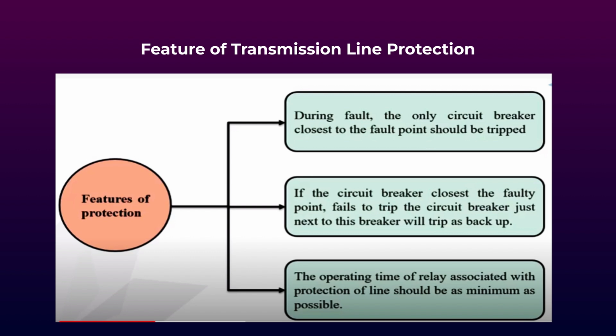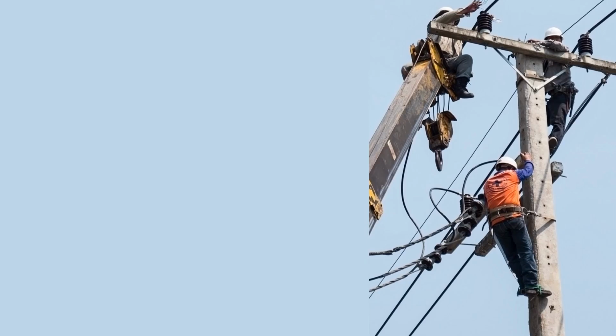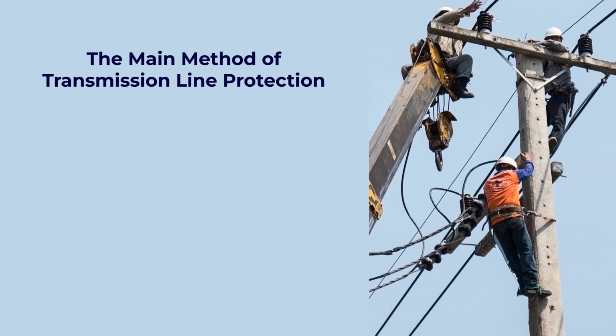So, these three are the basic requirements for a transmission line protection system, which include backup protection, very short duration of relay operation, and that the circuit breaker relay connected very near to the fault operates only.